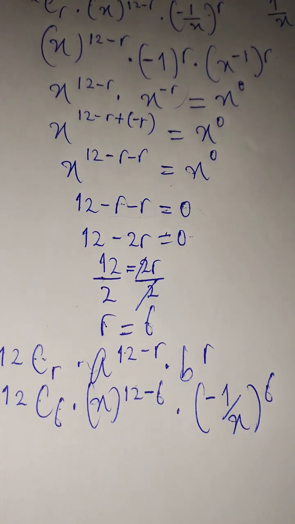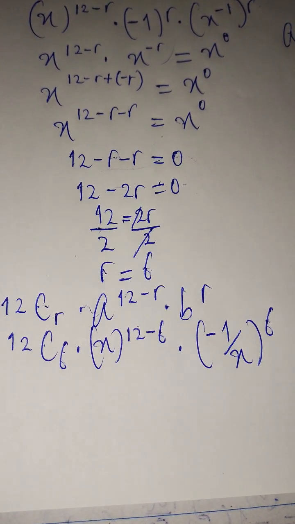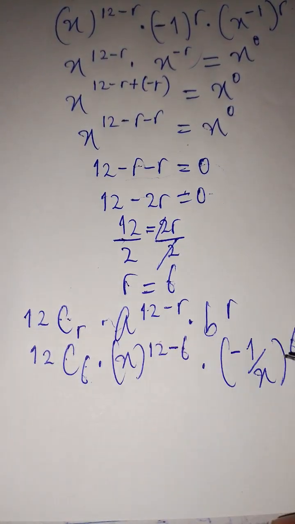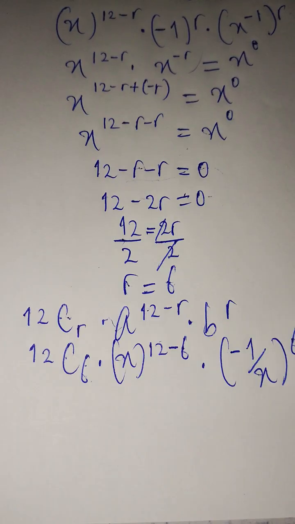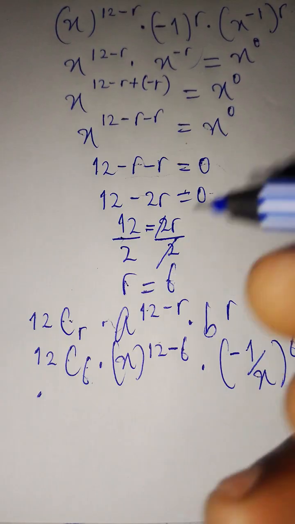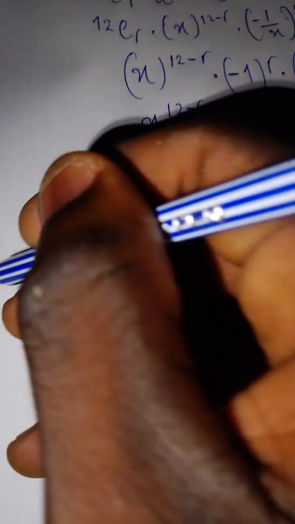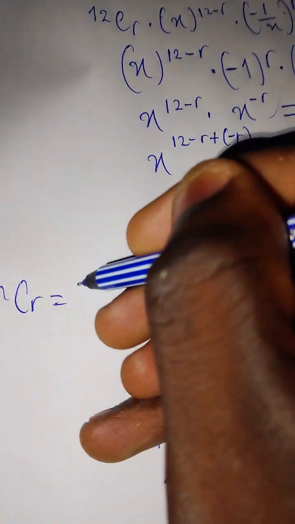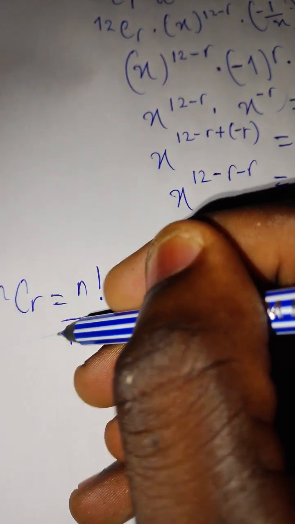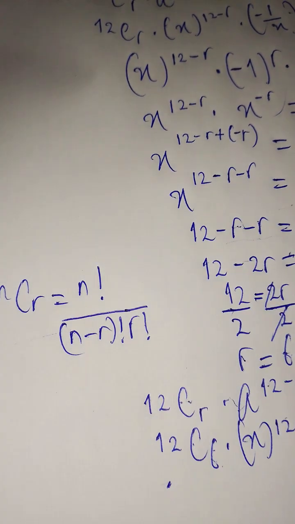Okay. The next thing we're going to do here is to find 12 combination 6. You can use a calculator, or you can just say 12 combination r. Since this is a combination, when you have n combination r, that is the same as n factorial over n minus r factorial, then multiplied by r factorial.